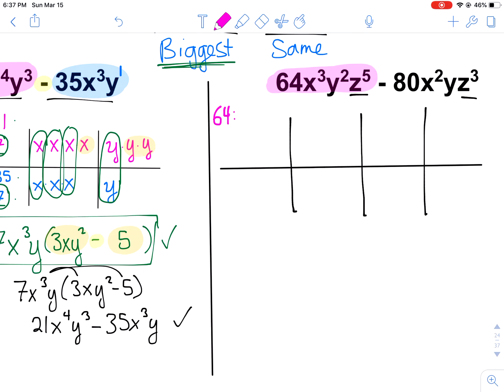Factors of 64. 1 times 64. 2 times 32. 4 times 16. And 8 times 8. That should be it. We have 3 x's, 2 y's, and 5 z's.